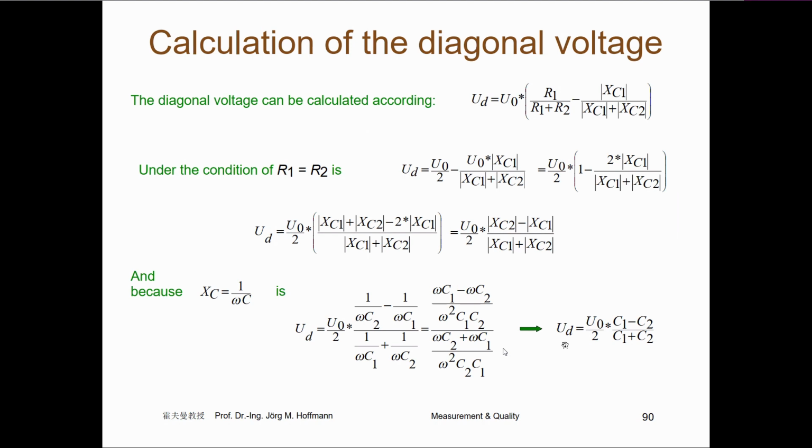And if you see this formula, here you see the diagonal voltage is the half of the power multiplied with, and that is now important, C1 minus C2 divided by C1 plus C2. And this means it's working against each other. And so you have a linearization.